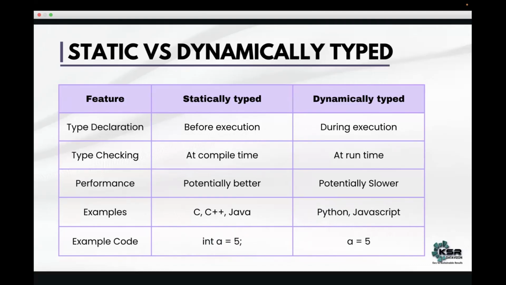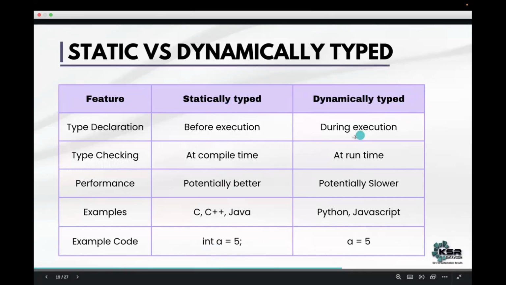So typing here means you specify the types of variables. Statically typed means you have to specify. Dynamically typed, the compiler will figure it out. You don't have to specify. If you put a equals 5, the compiler will think you have put 5, which means a is an integer variable.